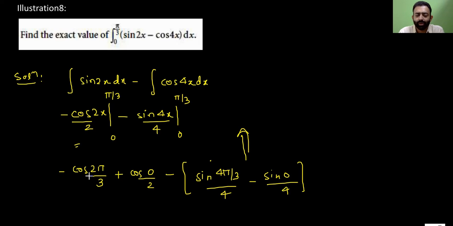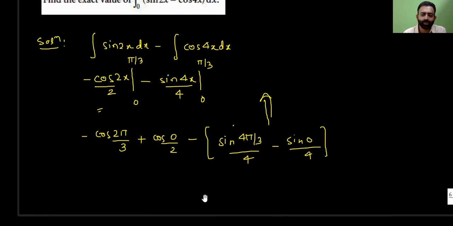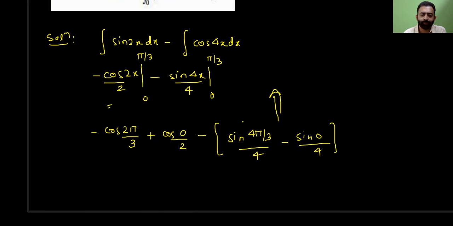So cos pi minus pi by 3 can be written as minus cos pi by 3. Cos 2 pi by 3 is cos pi minus pi by 3, means again minus cos theta, so minus minus will become plus, so plus cos pi by 3.